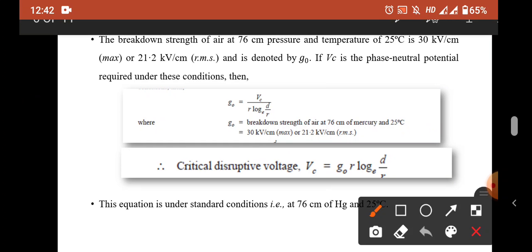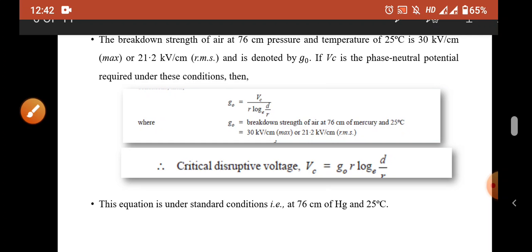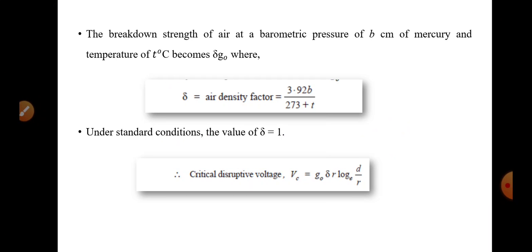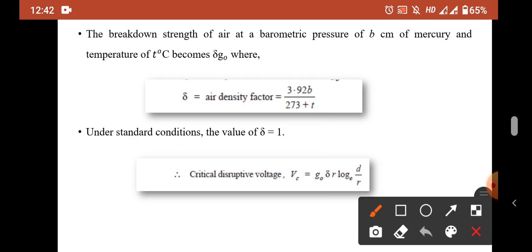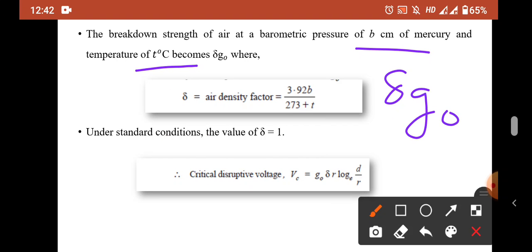So this equation of critical disruptive voltage is under standard condition, that is 76 centimeter of mercury and 25 degrees Celsius. If the condition changes, then we have to include some more factors. If for barometric pressure b centimeter of mercury and for temperature t degrees Celsius, then the breakdown strength will be equal to delta into G0.